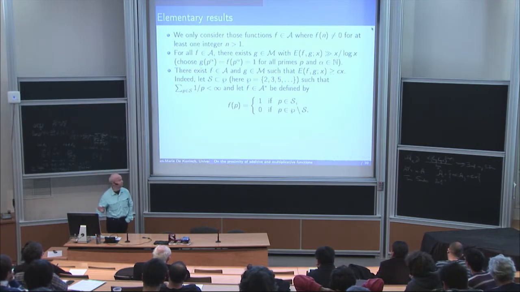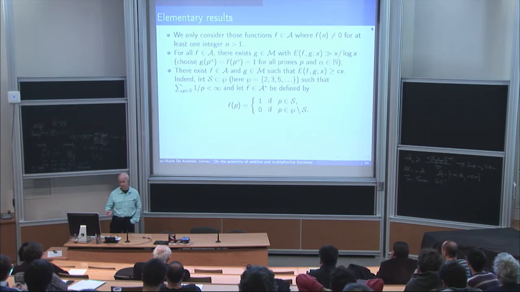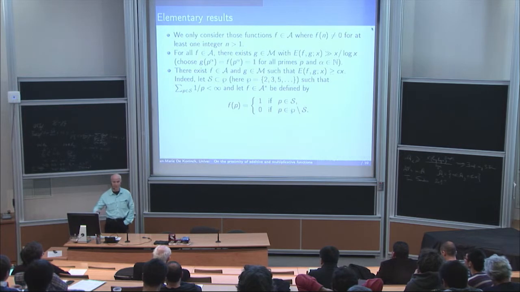I denote the set of all primes by P here. Take a subset S such that the sum of the reciprocals of the elements in that subset converges, and then define an additive function f simply by taking f of p equals 1 if p is in S, and 0 otherwise. So most of the time it's 0, in other words.